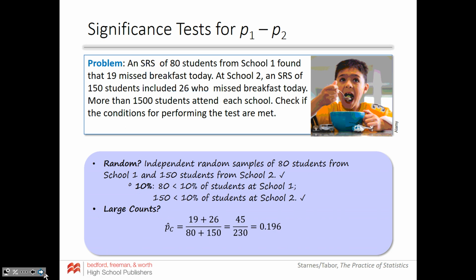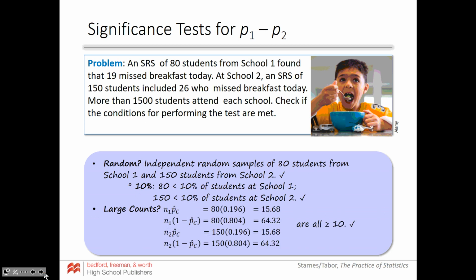Then we take that 19.6% and multiply it by the sample size from school 1, so 80 times 19.6% is 15.68. And then 80, sample size 1, times 1 minus 19.6%, so 80.4%, is 64.